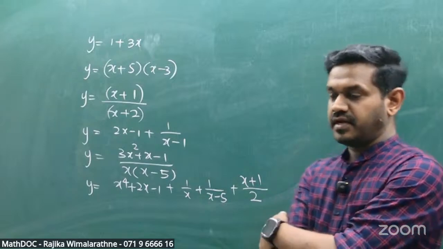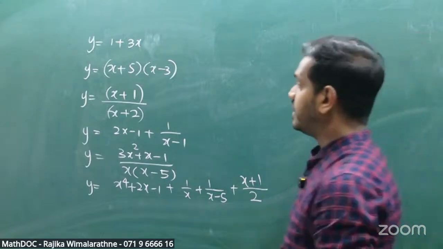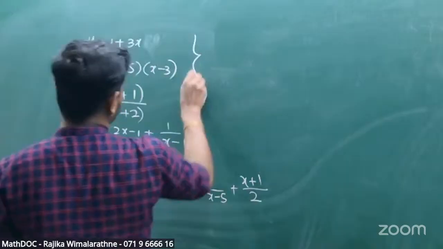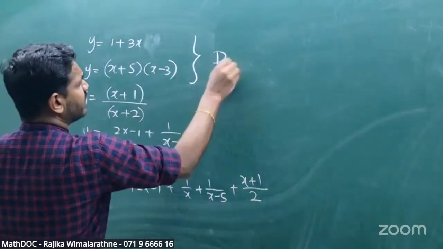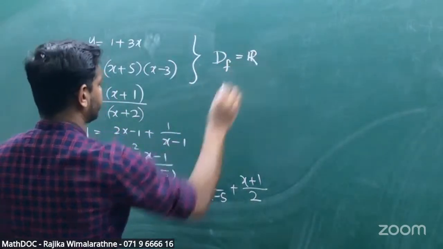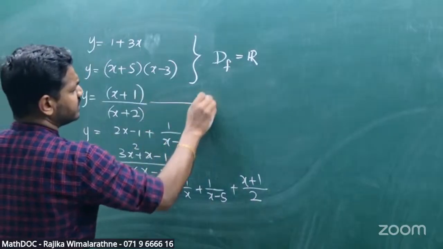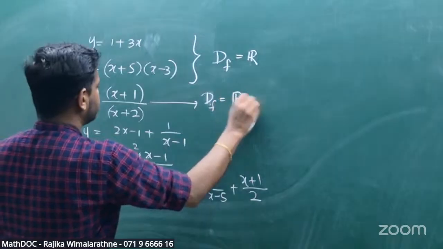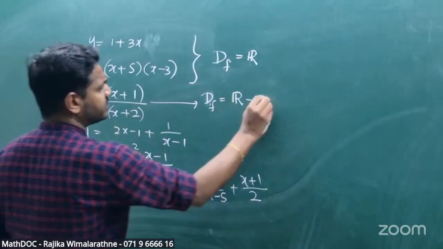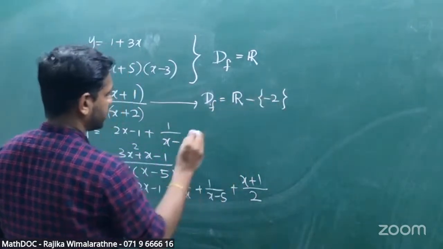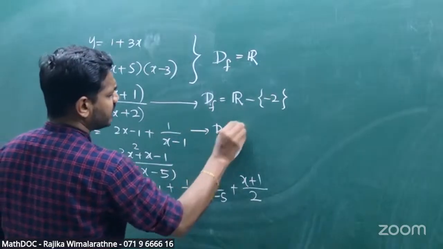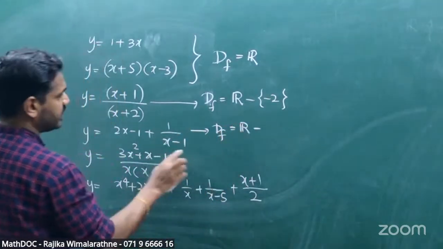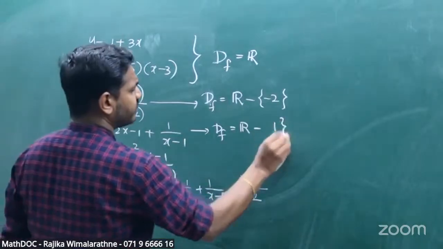Okay. Now check your answers. Here, these two are polynomials, so the domain is the real set. Here, this is rational. The domain is the real set without the denominator zero, minus 2. Then here, the domain is the real set, you have to remove denominator zero, 1.